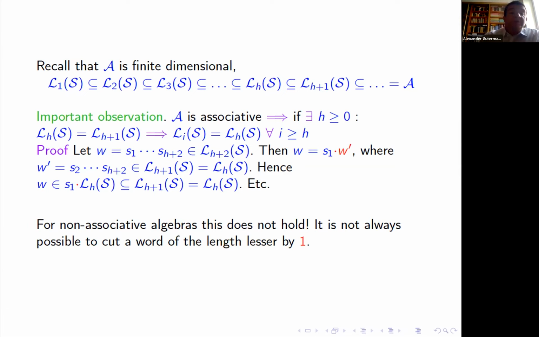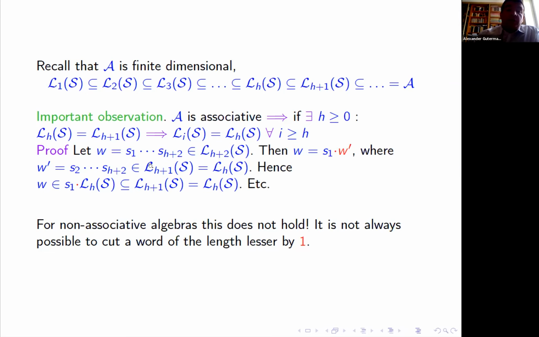One important but certainly trivial observation is that if this chain of subspaces over an associative algebra stabilizes at a certain step, so subsequent L_i are equal, then it stabilizes forever. Well, it's an easy inductive argument. We single out the words of length n-1.